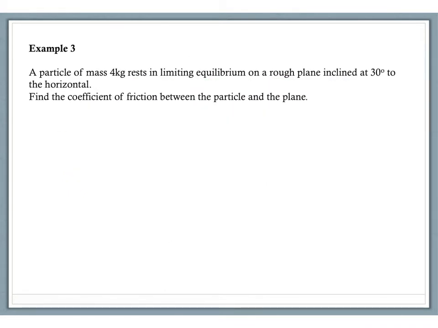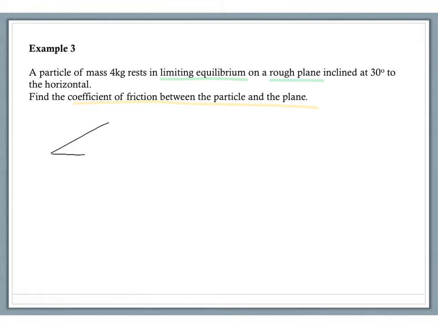Example 3. A particle of mass 4 kilograms rests in limiting equilibrium on a rough plane inclined at 30 degrees to the horizontal. Find the coefficient of friction between the particle and the plane. Let's draw a force diagram.